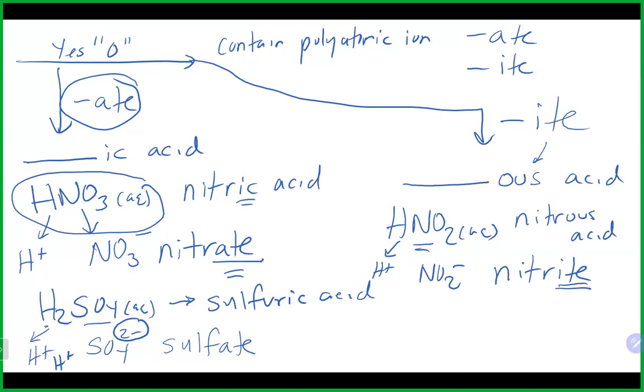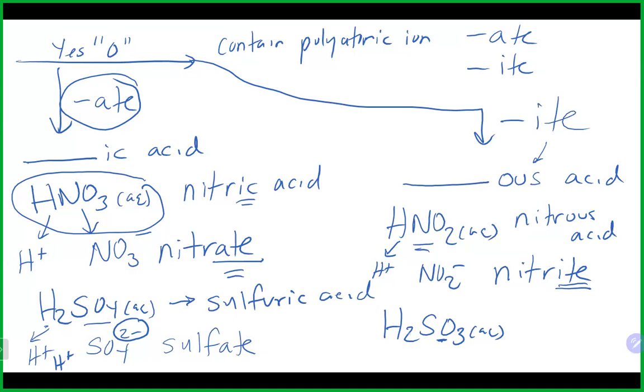Question on that one there. What would H2SO3 be then? Hydrosulfuric acid? So first off, when we look at it, it is an acid. It does contain oxygen. And because it does contain oxygen, that takes hydro off the table. So hydro is only for no oxygen.